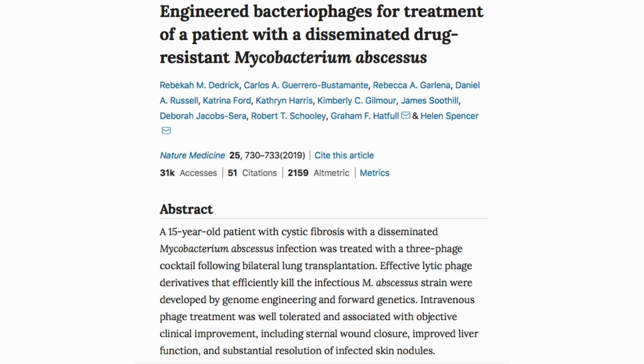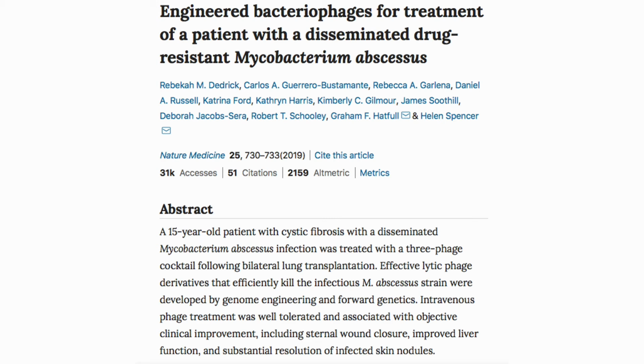And at the time, I don't think the physician realized that she also had a Mycobacterium abscessus infection. So if you have major surgery and you have this organism, you're going to die. And the first page of this paper has a horrific description of the condition she was in. So she was going to die.